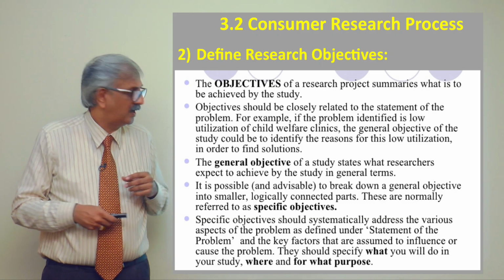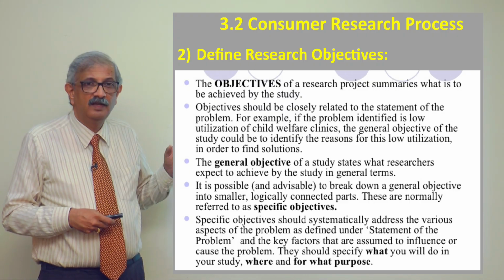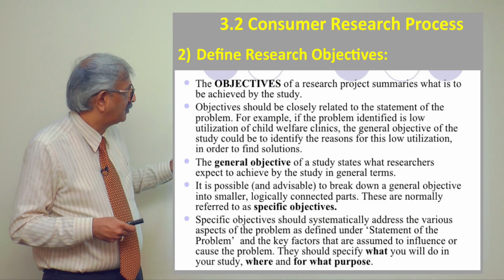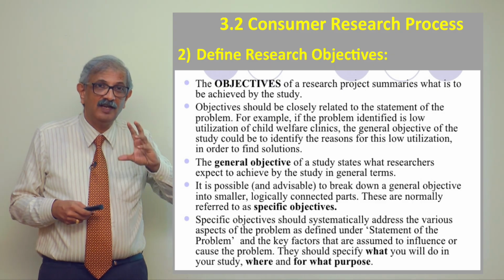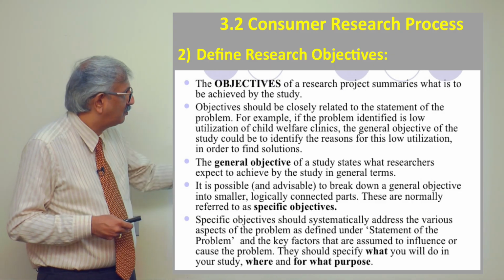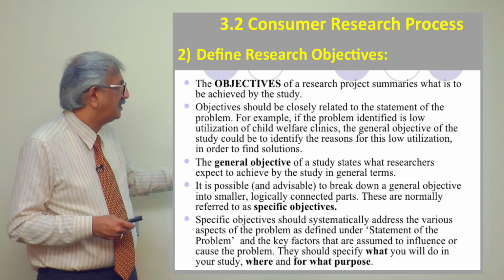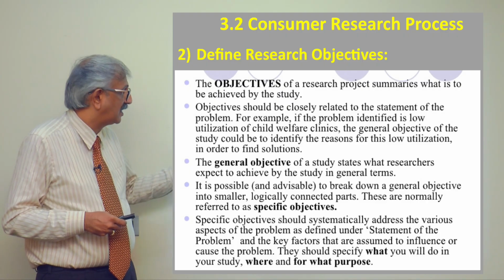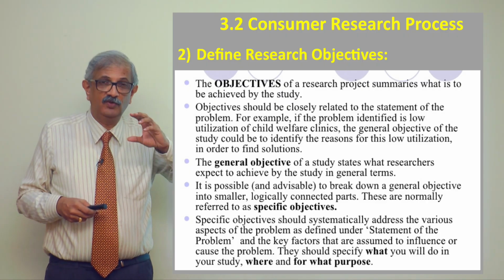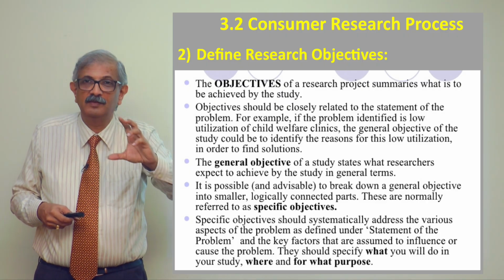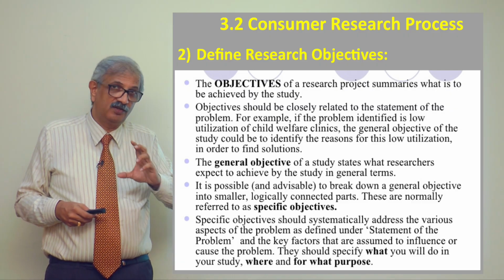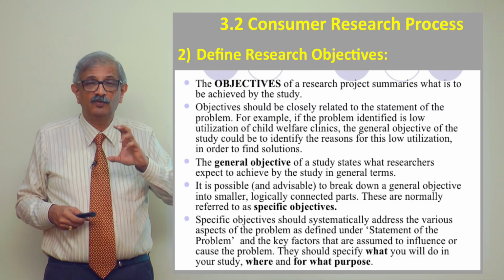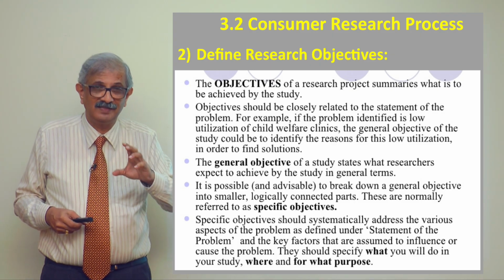An example of a general objective: suppose the problem is why the child welfare fund is low utilized, then the objective could be to study the reason why people don't come to the child welfare association or the child welfare clinic. So from the main problem, you derive what you call a general objective. That is something you want an answer on, something you want research to address.